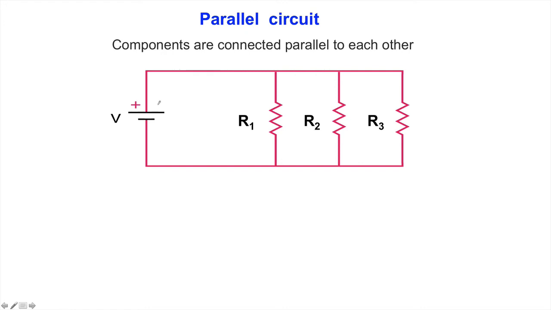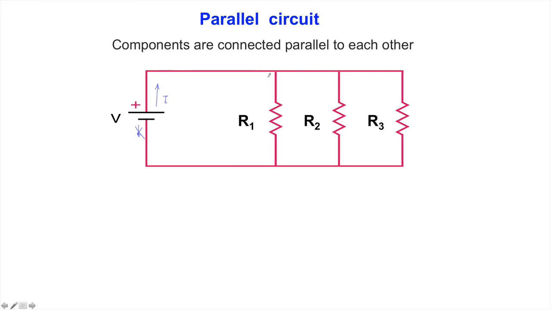So the current starts flowing from the positive terminal. Keep in mind, of course, you may say, "But Professor, you were saying electrons are the ones that flow." Yes, electrons flow in this direction, but the convention says current is flowing from the positive to the negative terminal.